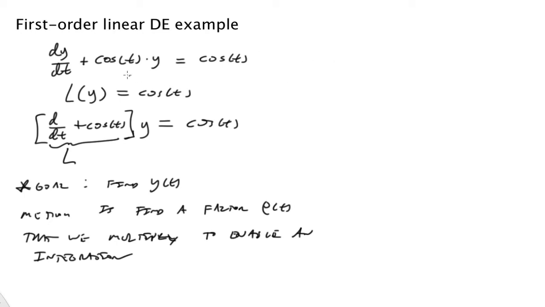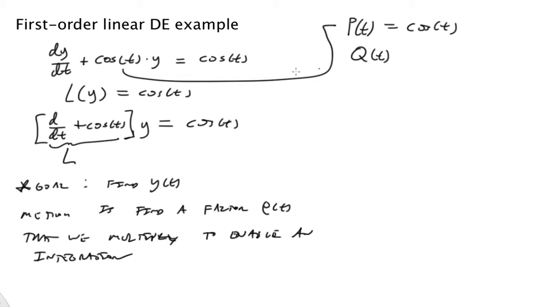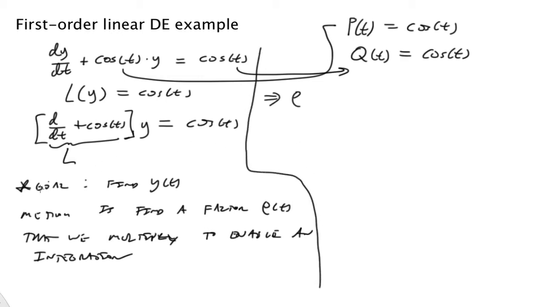Clearly what we see here is that P of t is going to be cosine of t, and Q of t, that's this part right here, is also cosine of t. So as usual, let's go to another page.